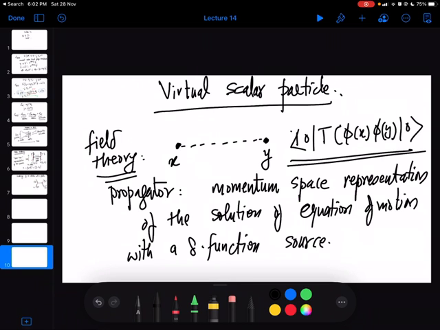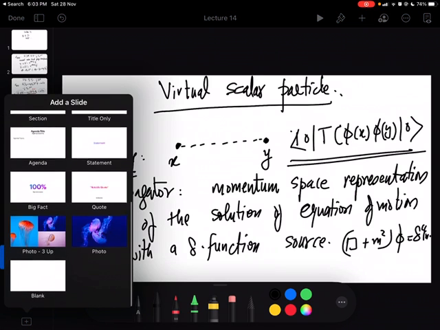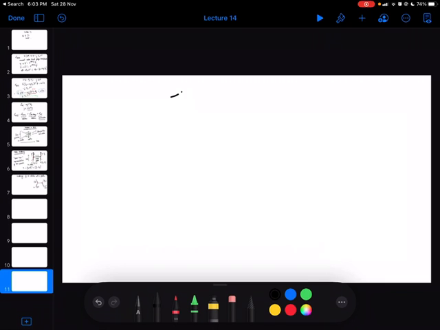Essentially it means box plus m square phi is equal to delta function x minus y. Then you take the momentum space representation and solve this equation, and it turns out to be the inverse of the equation of motion, k square minus m square.